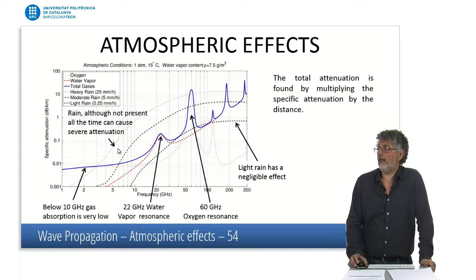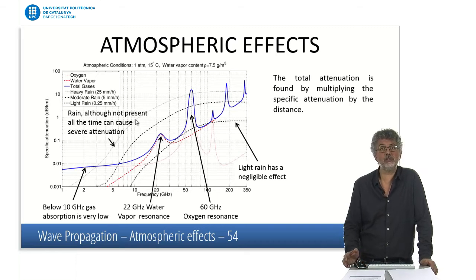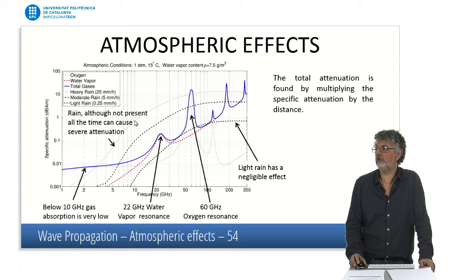But at frequencies around 10 gigahertz, rain can be a major problem. And although not present all the time, it has to be taken into account, because if we want to guarantee that a certain communication system works although it rains, that increment of attenuation has to be considered.